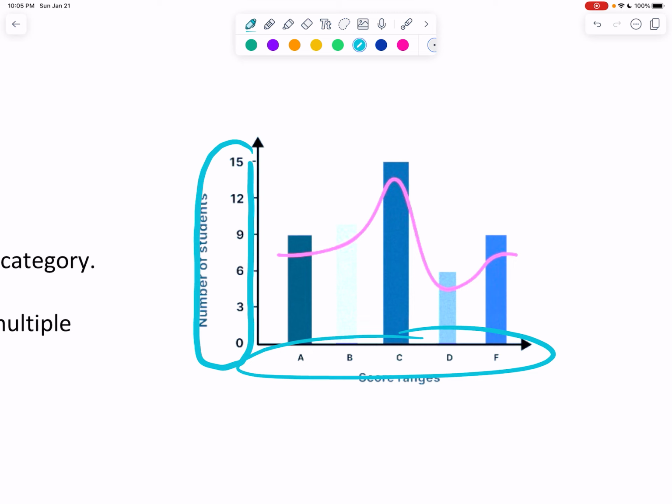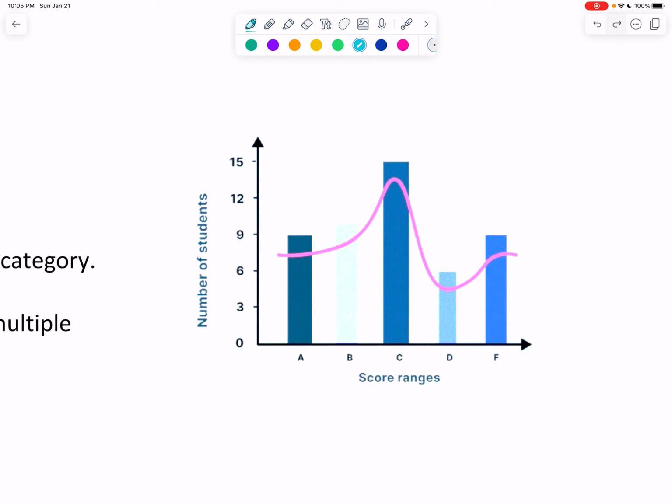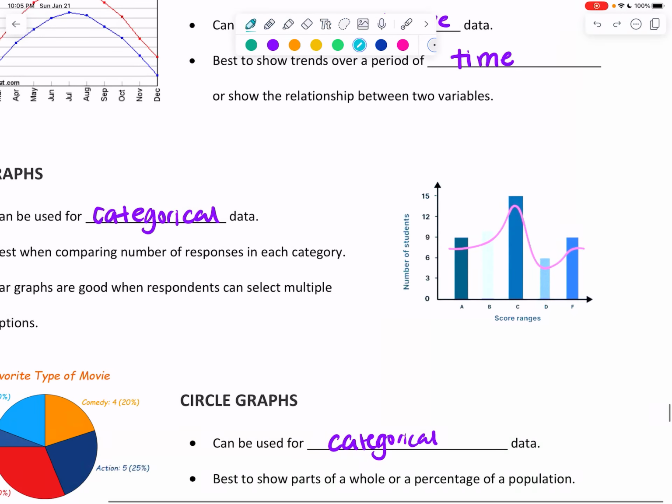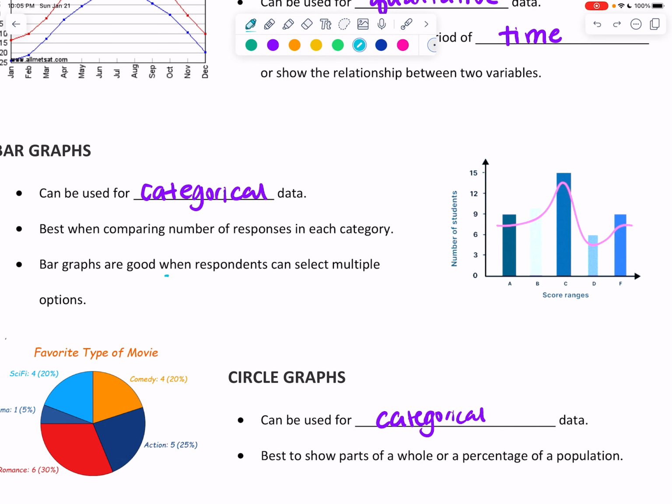But we could also talk about the number of people who own an animal such as a cat or a dog or a bird or a reptile, etc. Now, the main advantage of a bar graph is that a bar graph is particularly good when respondents can select multiple options. So again, taking it back to this example of which of the following pets do you have at home?